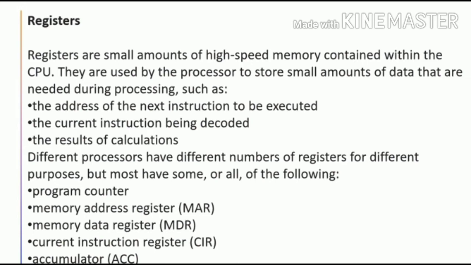Different processors have different numbers of registers for different purposes, but most have some of all the following: program counter, memory address register (MAR), memory data register (MDR), current instruction register (CIR), and accumulator (ACC).